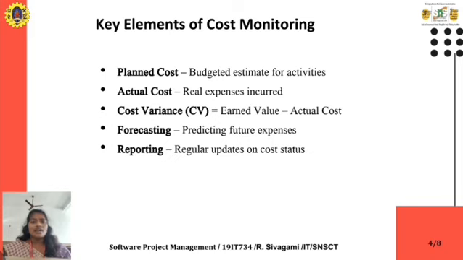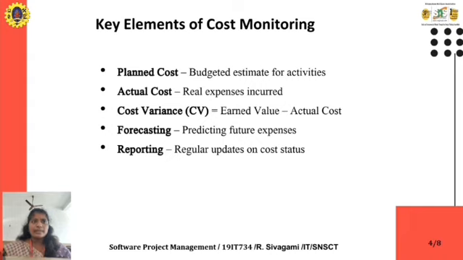And then cost variation. How to find the cost variation? Cost variation equals earned value minus actual cost. It gives the difference between the planned cost and the actual cost. And then forecasting.